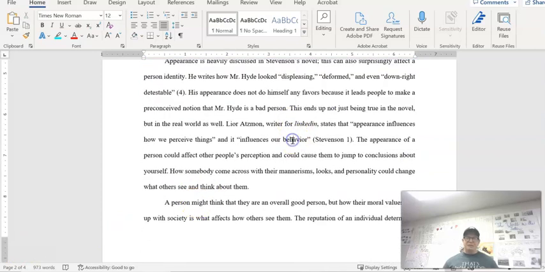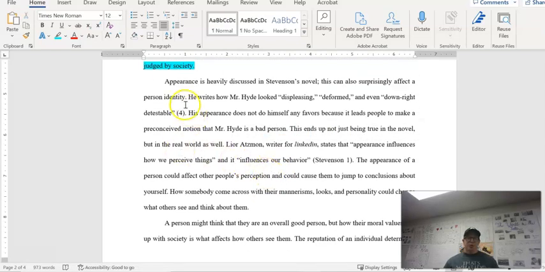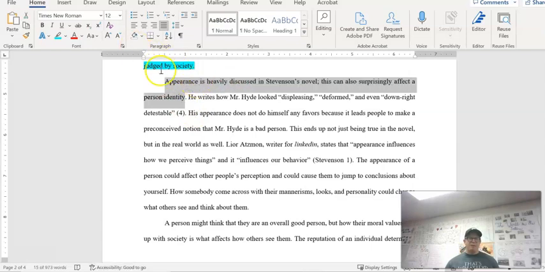All right, LinkedIn. Larry Otzman, writer for LinkedIn, states that appearance influences how we perceive things. At least that's a writer. Fine. But again, in this paragraph, appearance is heavily discussed.